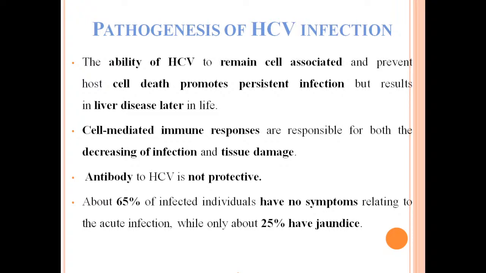About 65% of infected individuals have no symptoms relating to the acute infection, while only about 25% have jaundice. Jaundice occurs due to the same causes as in hepatitis A or B, due to disruption of liver cells and increasing of bilirubin in the blood.